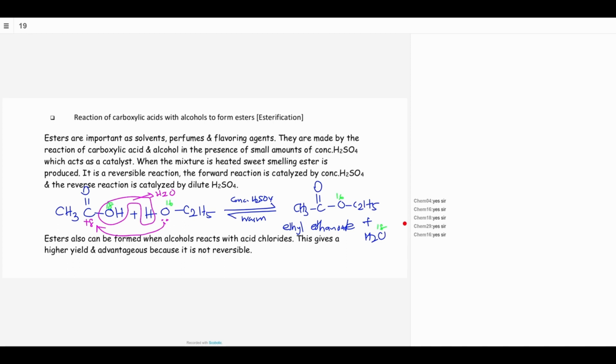So you get caught if either oxygen is labeled, or sometimes they mark the oxygen with asterisks, then you will know whether the answer is right or wrong. You should always remember the alcohol gives the H and the carboxylic acid gives the OH, right? So this is ethyl ethanoate.